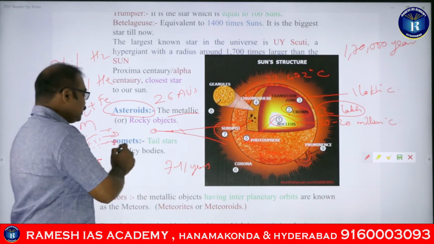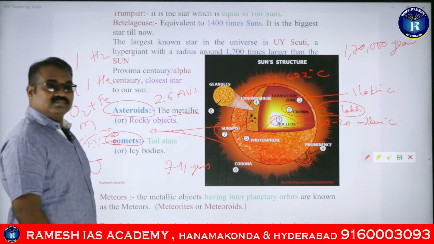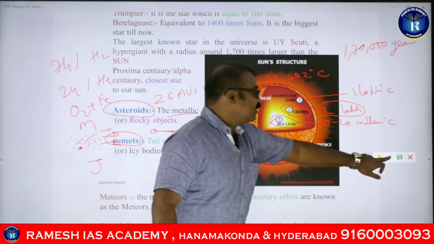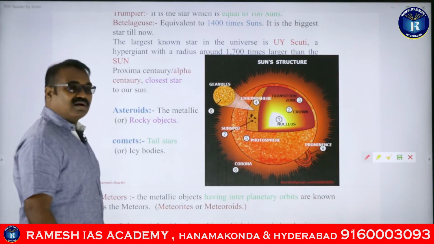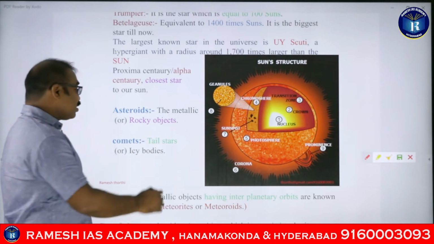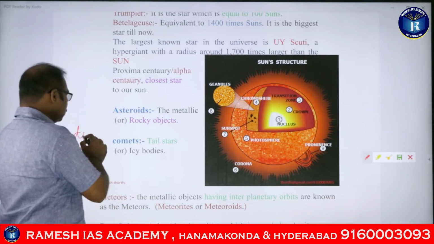Okay. Next come the comets. The comets are also called tail stars, guys, or icy bodies or dirty snowballs.